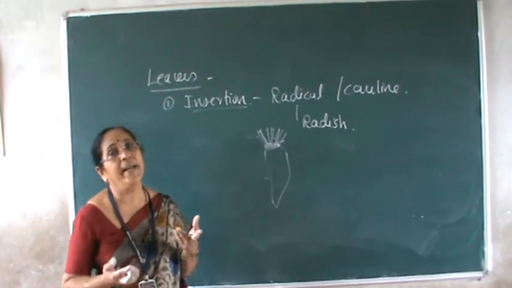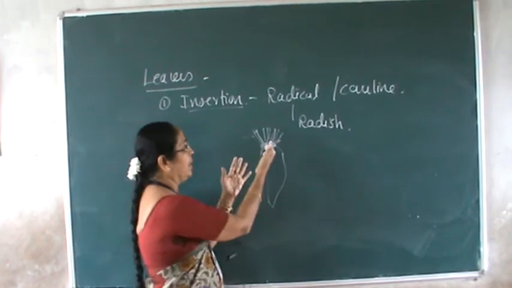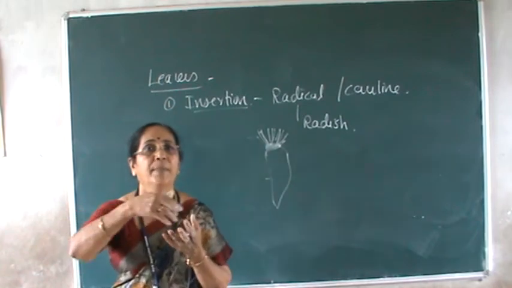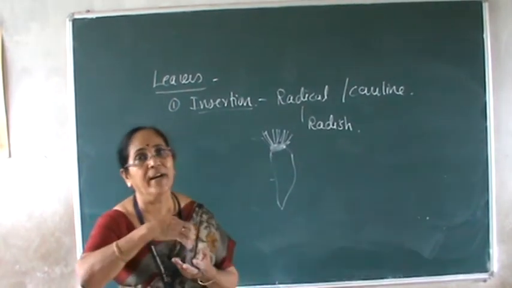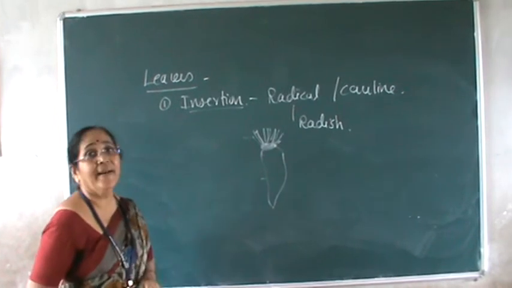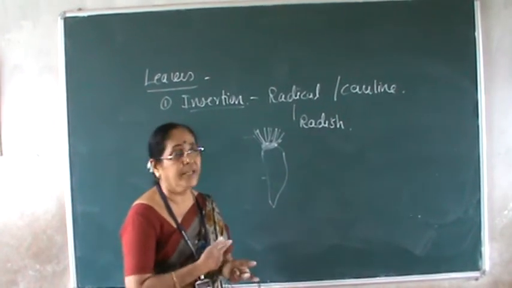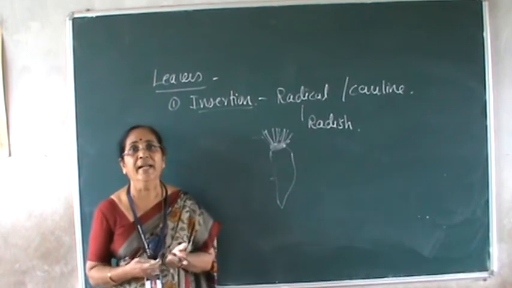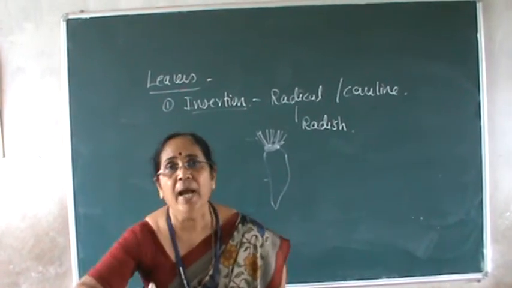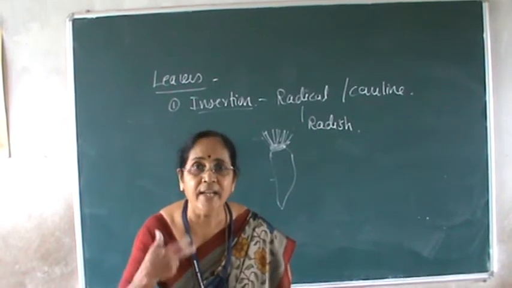That is the reason why whatever the number of leaves present in the plant, they arise from a common point in a circular or rosette-like manner. Then it is called a radical kind of arrangement. Generally in mustard plant it will be of the same type in the beginning. Once flowering begins, the shoot grows and acquires a sudden increase in height.